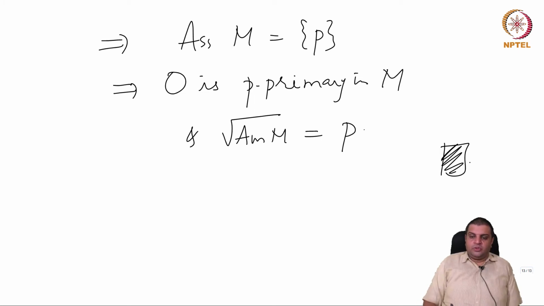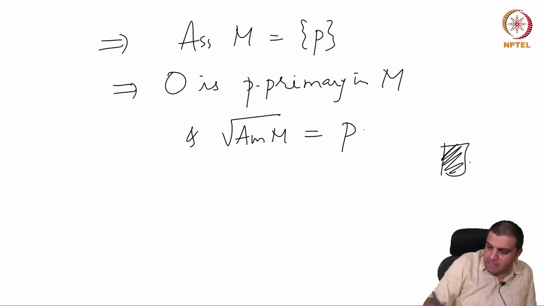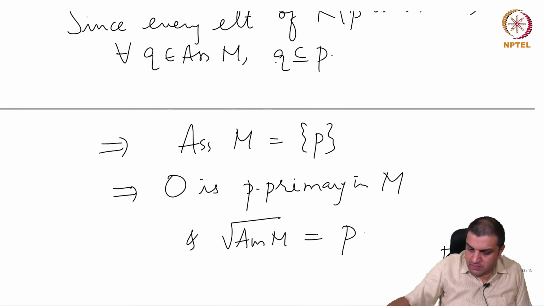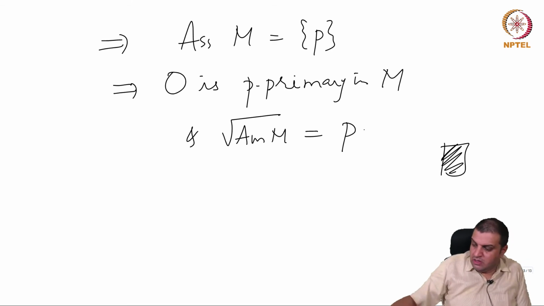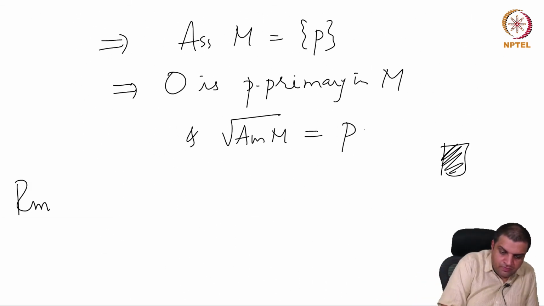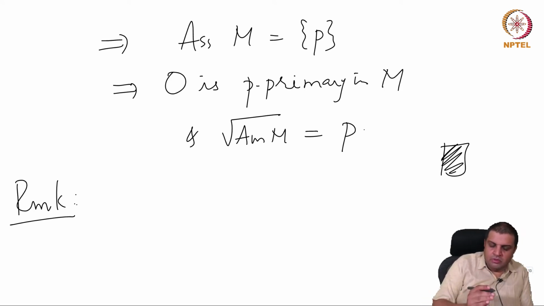So one can think of it in the following way: what do elements inside R look like on M? So, remark, this is what a primary submodule of a module means.